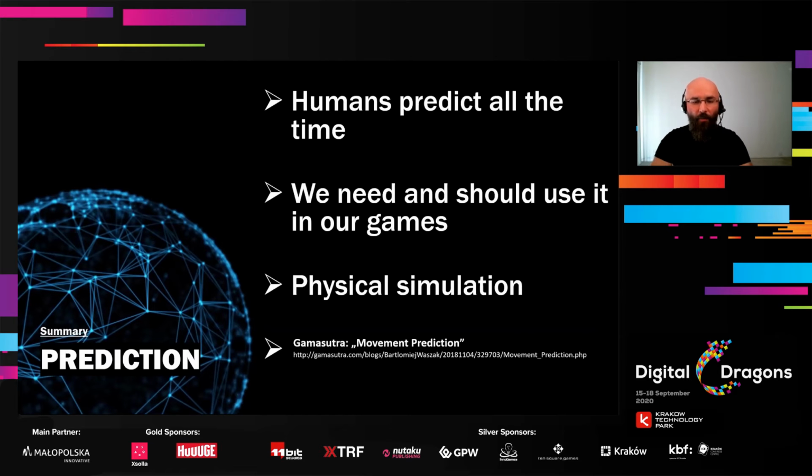So let's say if I'm throwing a ball, I'm not running toward the position where the ball is right now, but if I want to catch it, I'm running to the position where the ball will be in, let's say, 1 or 2 seconds, where I can really catch it, because I know that it's not going to land in the place where it is right now, but somewhere farther along the velocity direction.